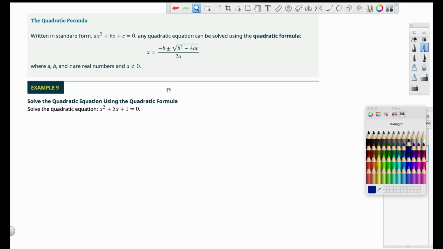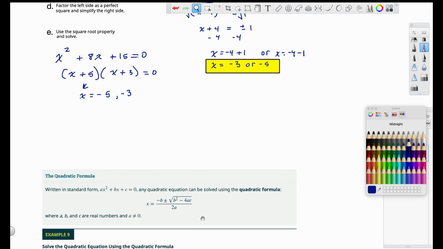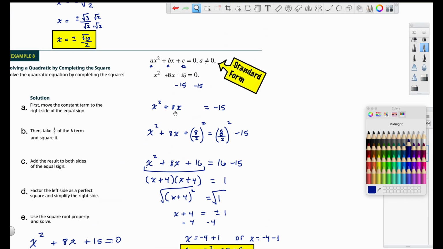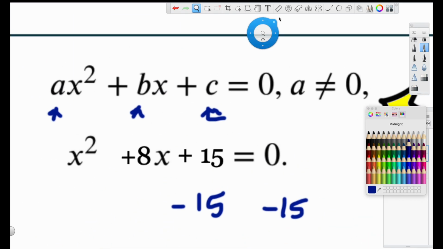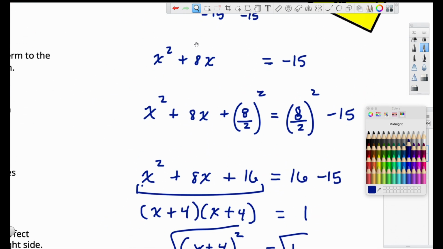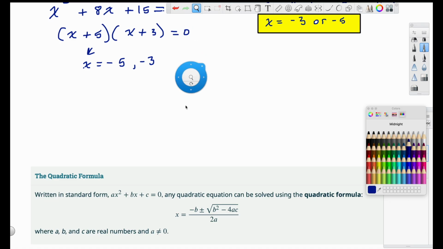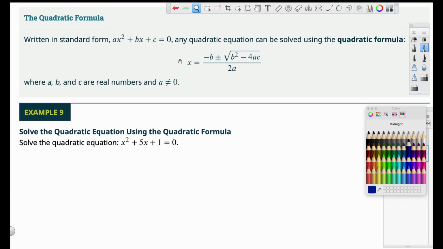Quadratic formula. So if we were to do the complete the square method just on the standard form of the equation right here, we would have to divide out a, because we want 1 as a leading coefficient. We get our c term, we would subtract it to the other side. We'd take half of the b term and square it. Okay, we would get the quadratic formula right here.